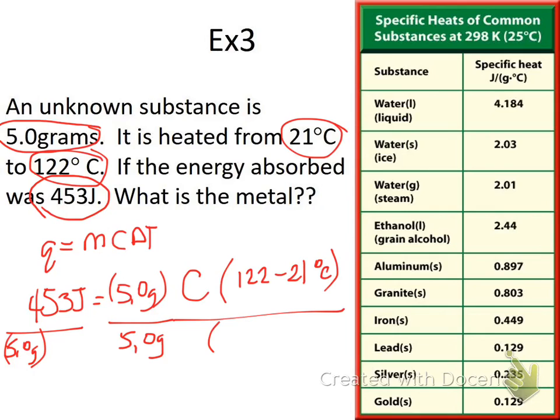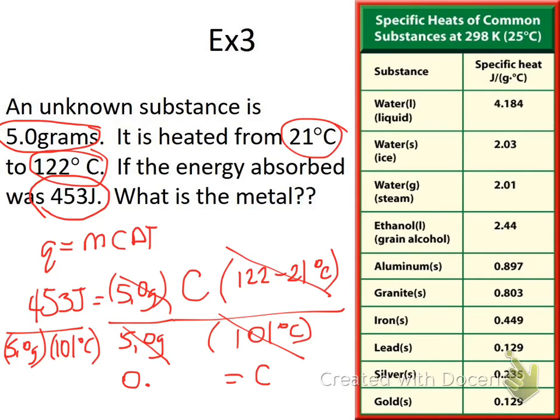We're also going to divide it by 101 degrees Celsius, the result of that subtraction. We can see that the units don't cancel here, and so C is going to end up being 0.90 joules over gram degrees Celsius, which is the unit for specific heat, and this is how we get an answer that is closest to aluminum.